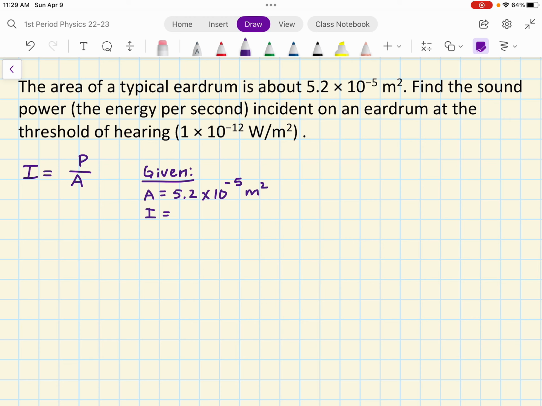Truly that would be the I naught, but in this case that's the only intensity we have, so let's call it I naught, to keep it consistent. So 1 times 10 to the negative 12 watts per meter squared. And we need to find the power.